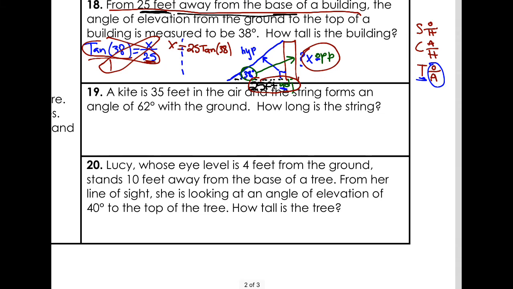So right now we're ready to put the right hand side in the calculator. Once we put all that in, we get approximately 19.53 feet. So x, or the height of the building, is about 19.53 feet.